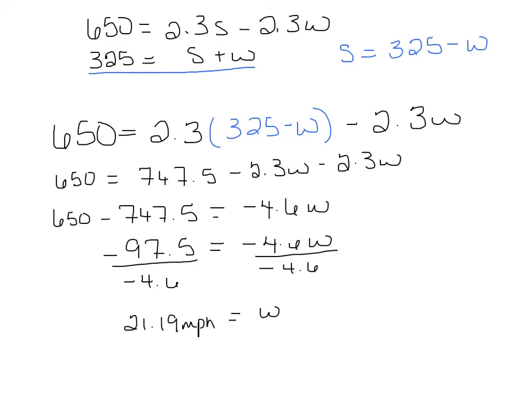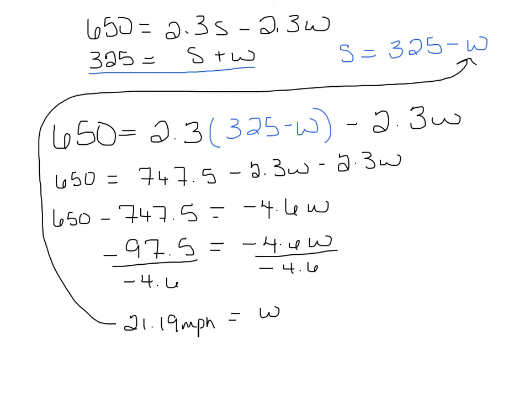Okay. Now remember, if I want to now find out what S is, I need to take this and I'm going to substitute it right back into that equation, and that will tell me what S is. So S is equal to 325 minus 21.19 miles per hour.